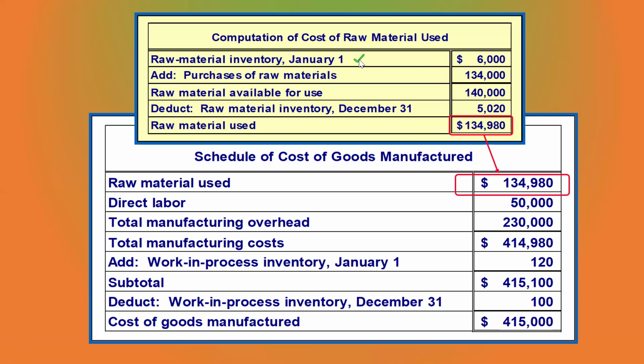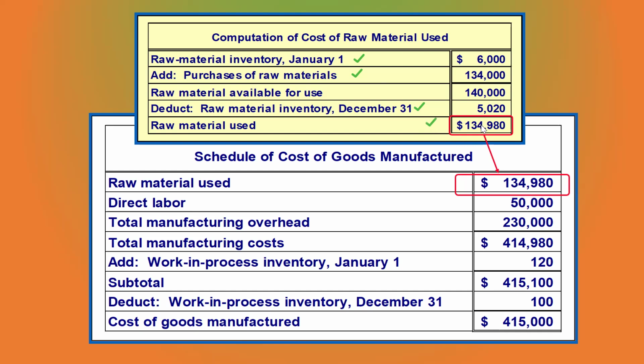So we add raw material opening inventory to the cost of purchases of raw material to get raw material available for sale, and then we deduct raw material closing inventory. In this way, we calculate the cost of raw material used in the production.